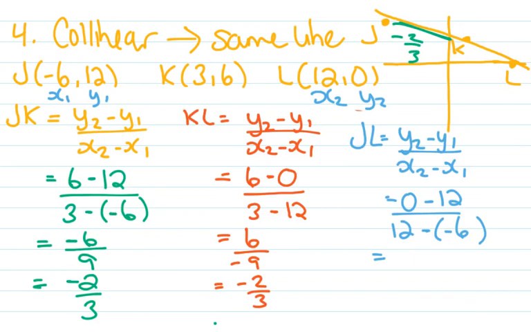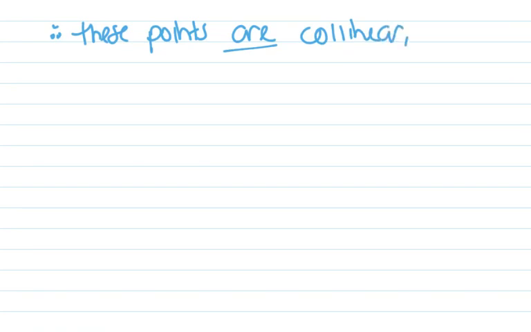Leaves me with 0 minus 12 is -12 over 12 minus -6, which is 12 plus 6, which is 18. -12 over 18 is the same as -2/3. Therefore, these points are collinear because their slopes are equal.